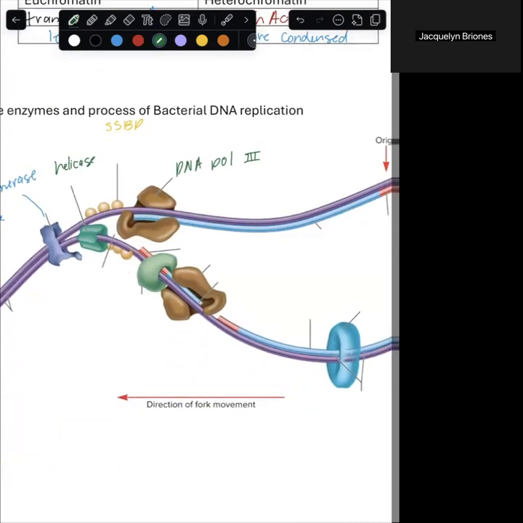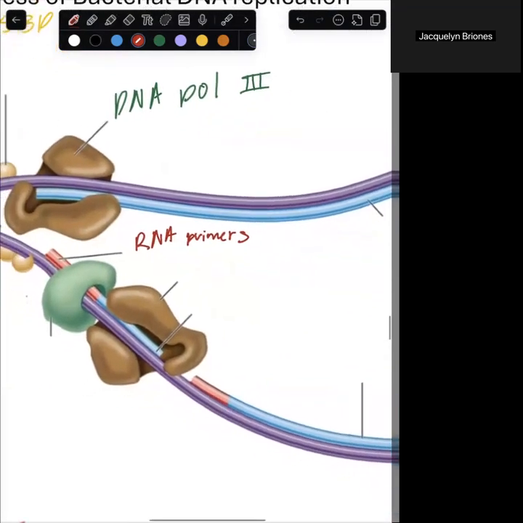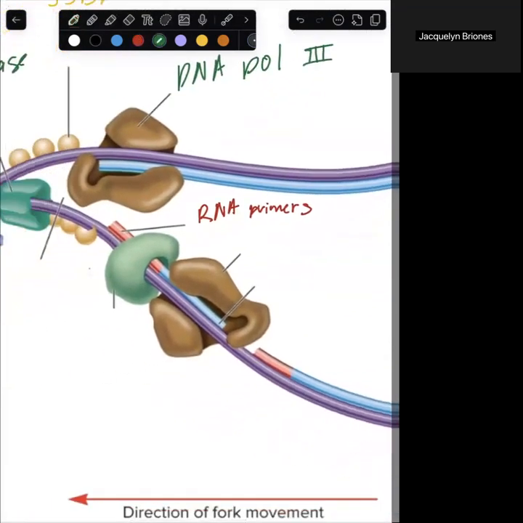And then right here, important, these are our RNA primers. And what makes our RNA primers? Our primase.